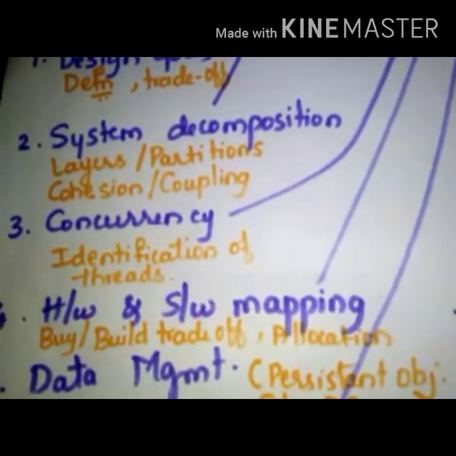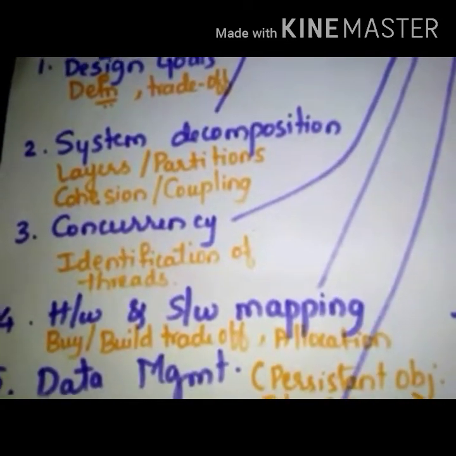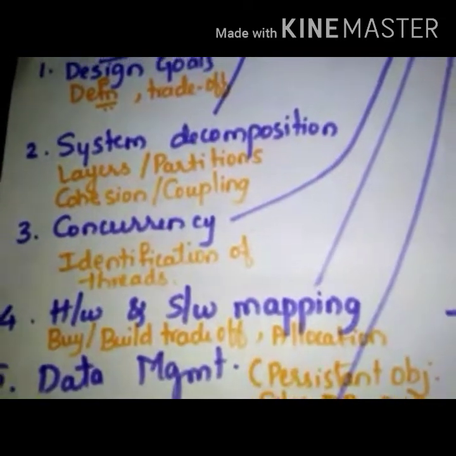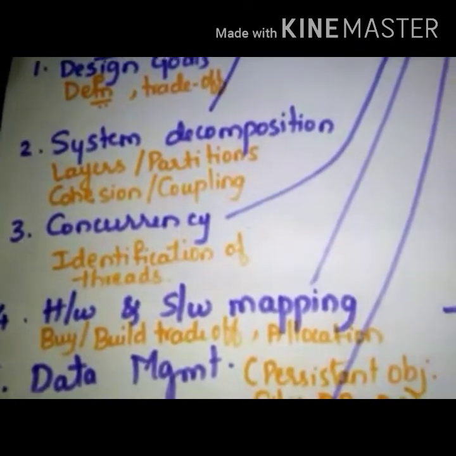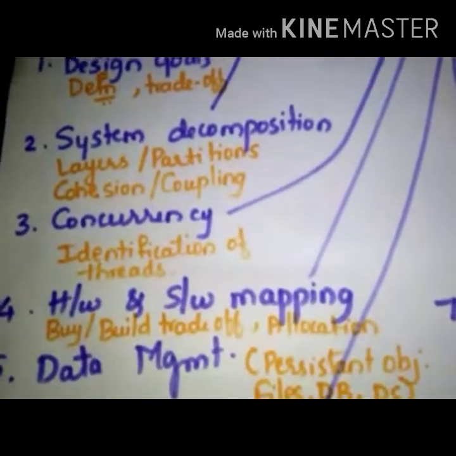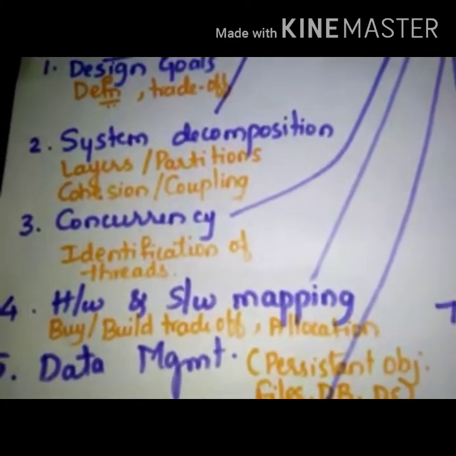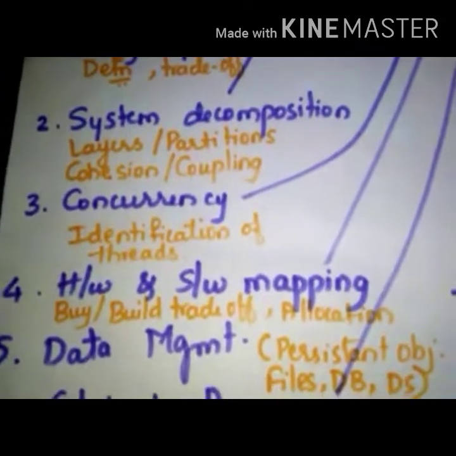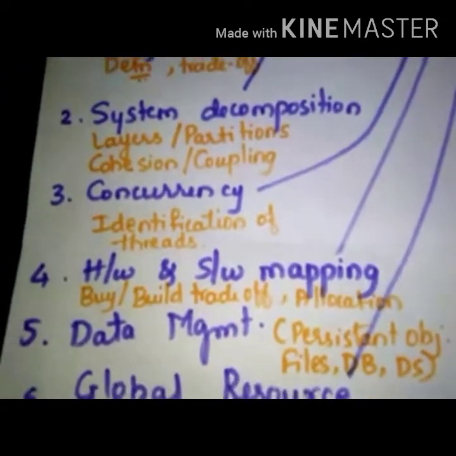So here, in the UML mapping, the class will be mapped into a table and the attributes become the columns in that table. For example, if you take a student class, we have attributes like the name of the student, the roll number and the marks scored in 3 subjects.